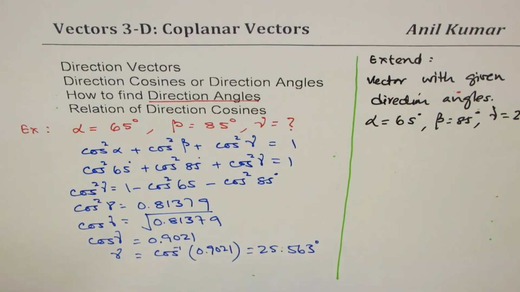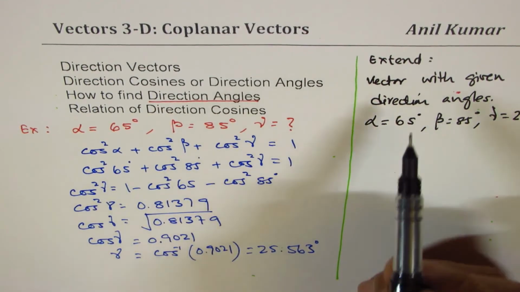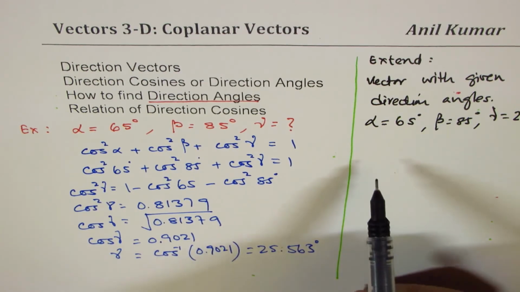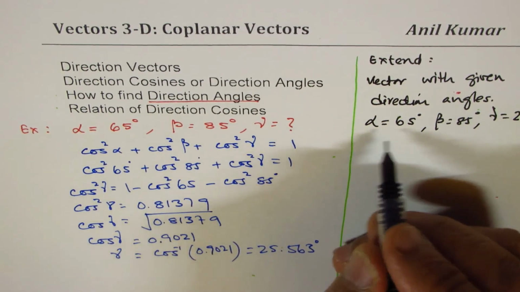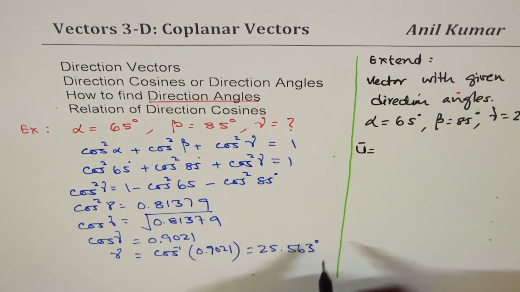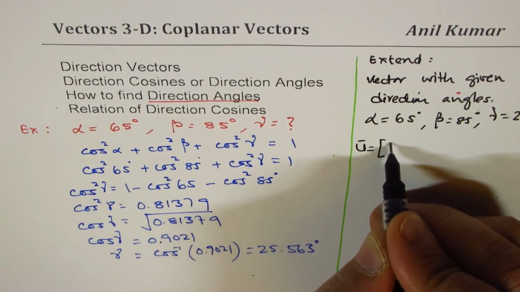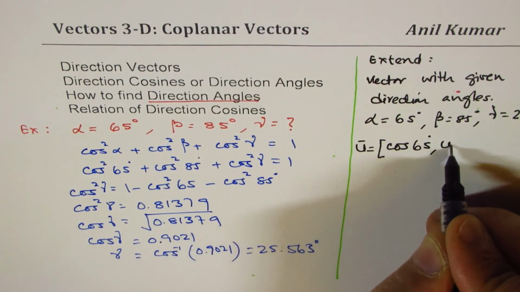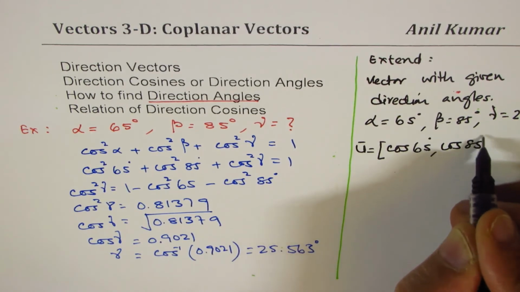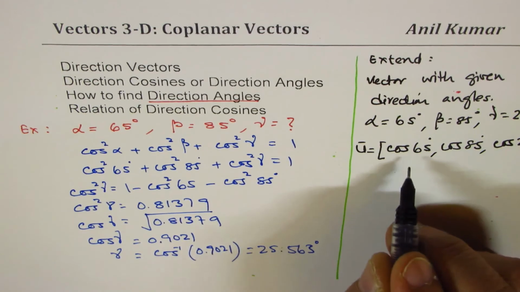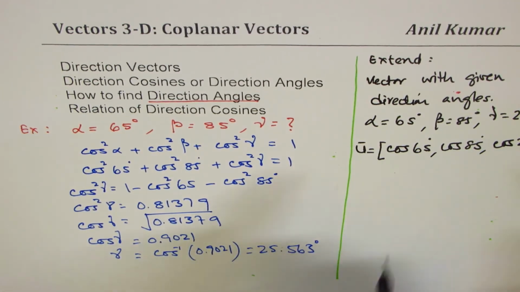Now the question for you is, can you write a vector with these direction angles? Well, that's not difficult either. We can select the vector u to have these direction angles. In that case, the vector will be cos of alpha, which is 65 degrees, cos of beta, which is 85 degrees, and cos of gamma, which is 26 degrees.